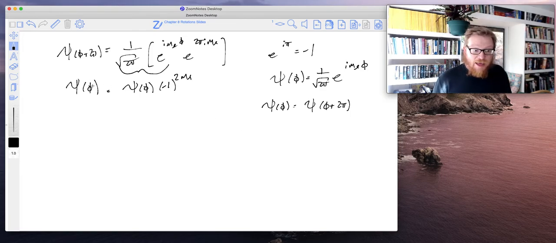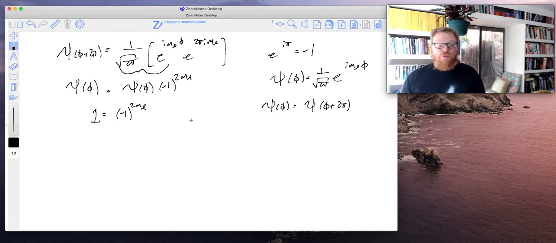And then what I'm left with, I can cancel the psi of phi because it comes 1 and 1. And so now I get 1 equals 1 times -1 raised to the 2 ml power.